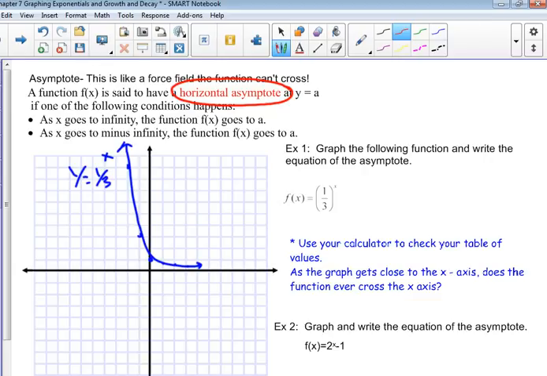Let's add more than one definition. Think of an asymptote like an invisible force field. So if Jess is the x-axis, and I have a function, I'm going to get super close, but I can never cross it. You get zapped back, like a force field that my graph can never cross. So when you see these asymptotes, the graph will never cross that line, ever. Basically, it never crosses the x-axis.